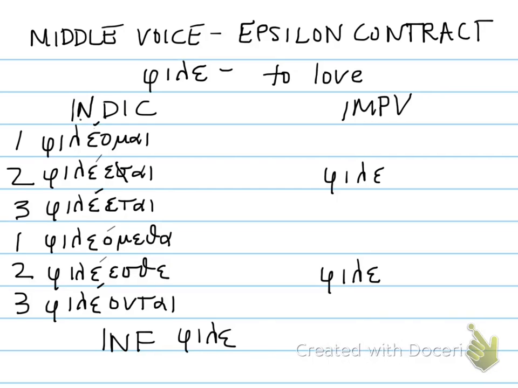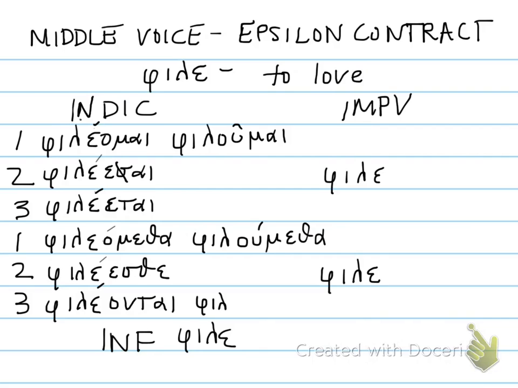Epsilon plus omicron gives you omicron upsilon, as in the first person singular, philoumai, and the first person plural, philoumetha, and the third person plural, philountai.